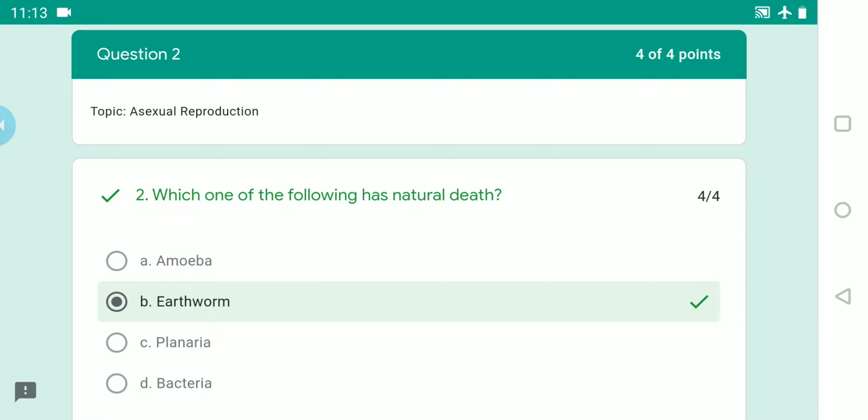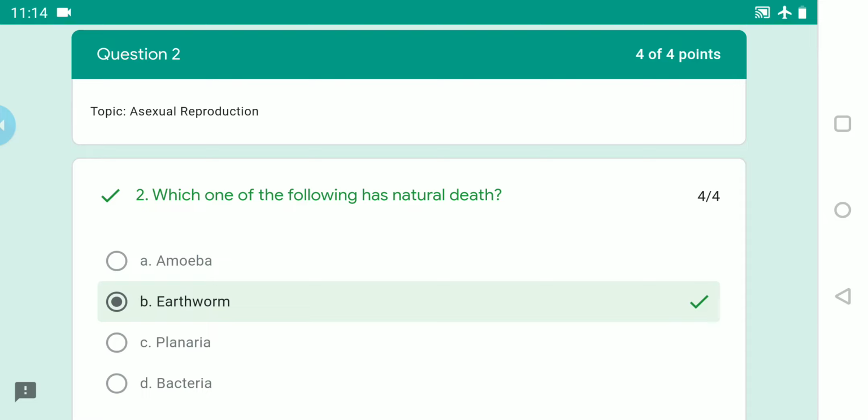Generally, unicellular organisms do not undergo death. That means no individual is immortal except single-celled organisms, isn't it? So this question is related to that topic. Whatever the lifespan, death of every organism is a certainty.